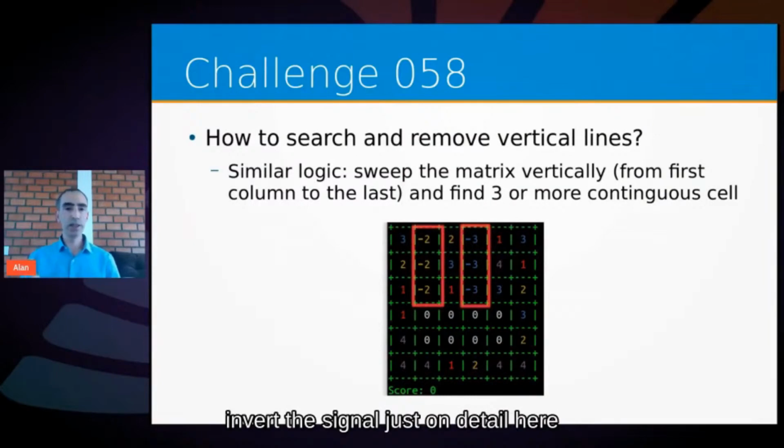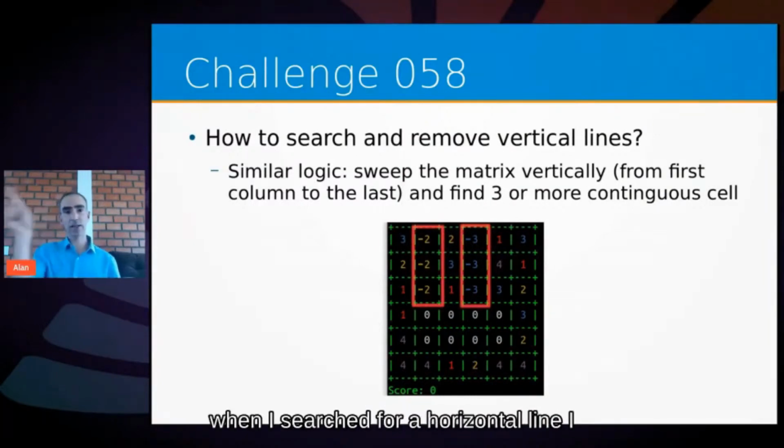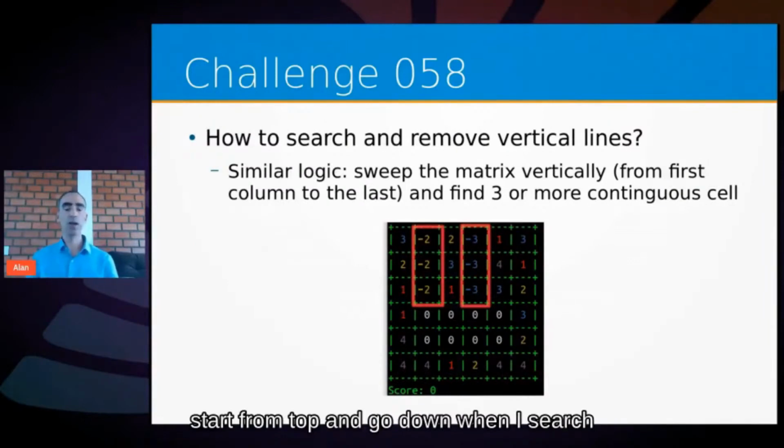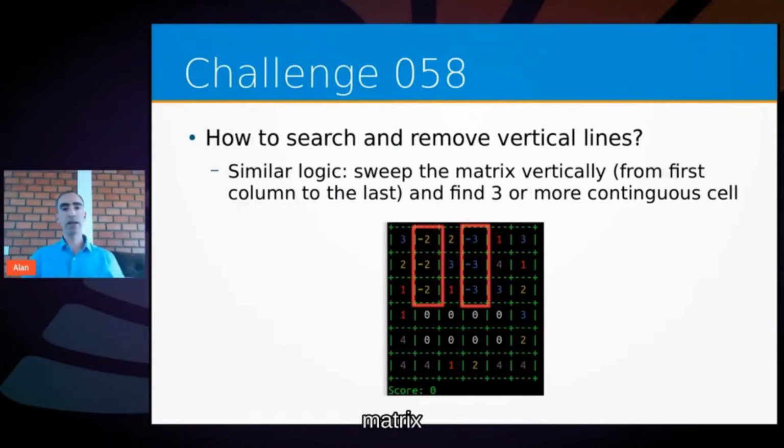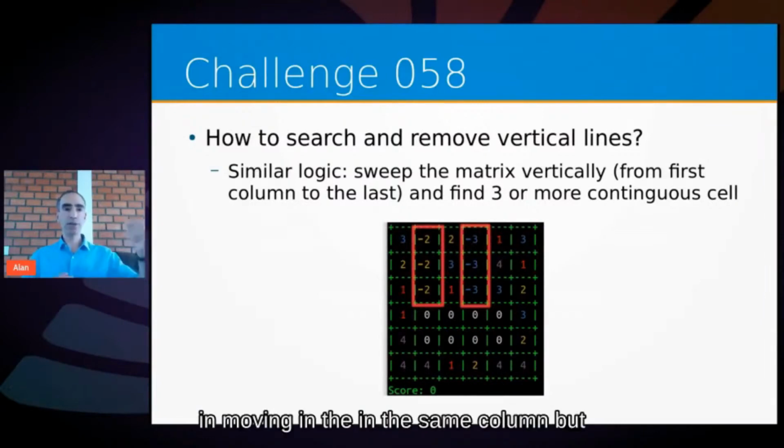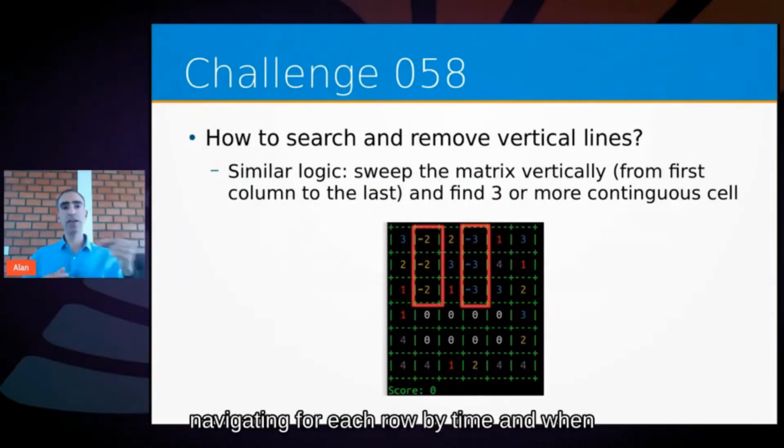Just one detail here: when I search for horizontal lines, I start from the top and go down. When I search for vertical lines, I swap the traversal, moving in the same column but navigating one row at a time.